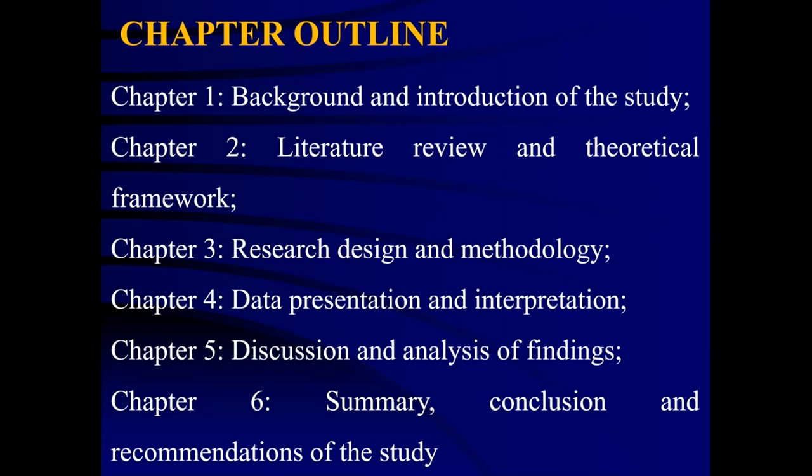Chapter 2 is your literature review and your theoretical framework. Chapter 3 will consist of your research design and methodology. Then chapter 4, data presentation and interpretation. Then chapter 5, discussion and analysis of findings. And then your chapter 6 can be your summary, conclusion, and recommendations of the study.